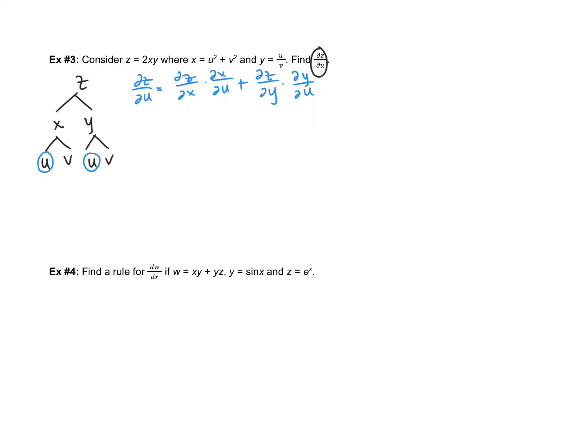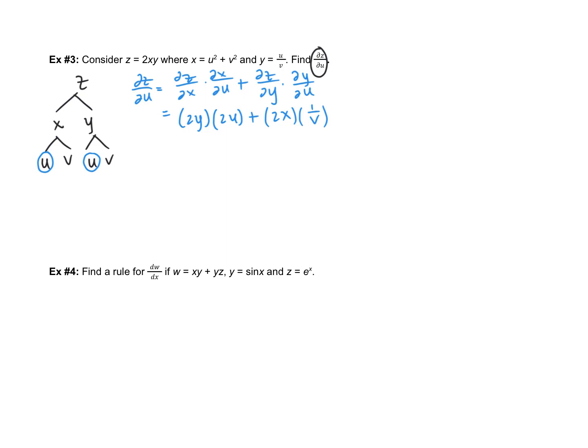So now what we're going to do is we're actually going to fill this in. If I take the partial of z with respect to x, I get 2y. Partial of x with respect to u would be 2u. Partial of z with respect to y would be 2x. And the partial of y with respect to u would be 1 over v.